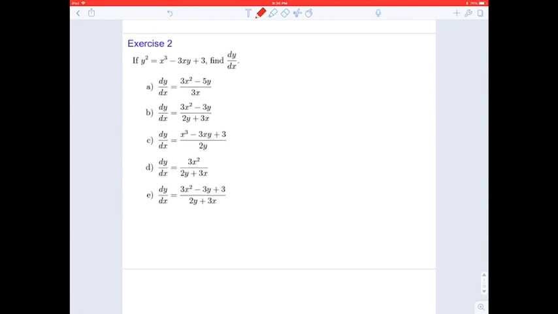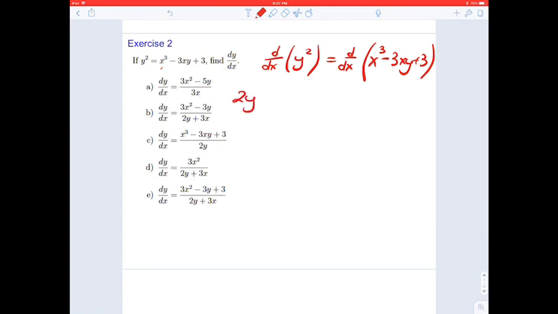Exercise number 2. The same thing, different equation. Differentiate y squared equals x cubed minus 3xy plus 3 with respect to x. The derivative of the left hand side with respect to x, and the derivative of the right hand side with respect to x. The derivative of y squared is 2y y prime.